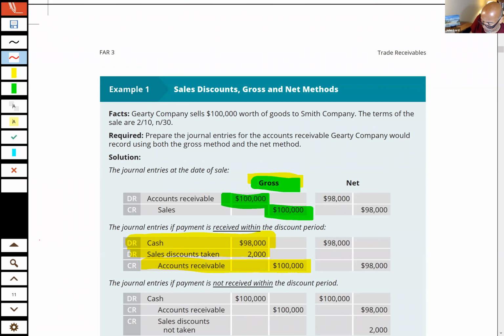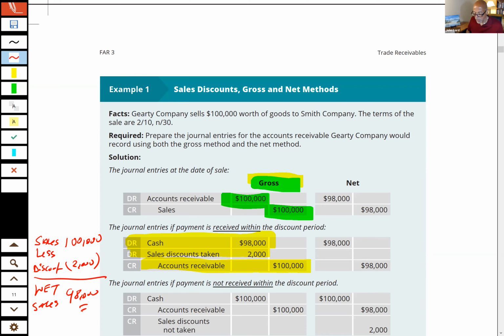Now, if that's the case, when I report sales, the sales were 100,000 less the discount, which is 2,000, which means that I would have net sales here of 98,000, right?